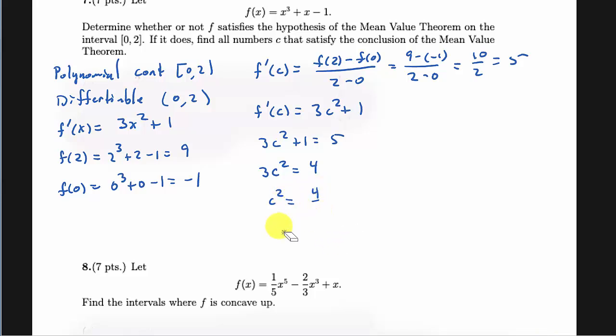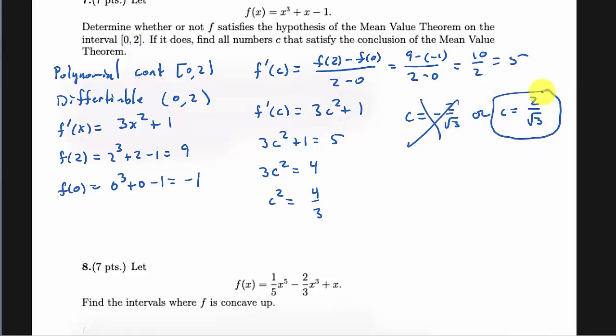Let me write it better. And so we get c equals negative 2 over square root of 3, or c equals 2 over square root of 3. And remember, we're just looking at the interval 0 to 2, so that's not a solution. It's this one.